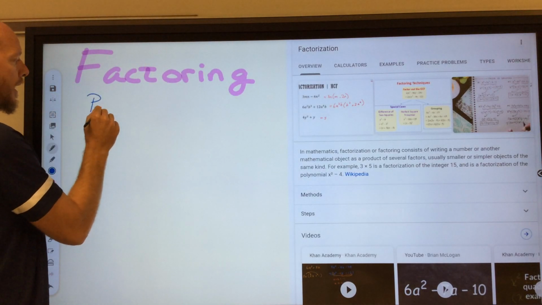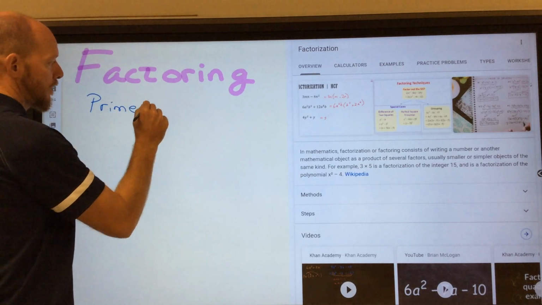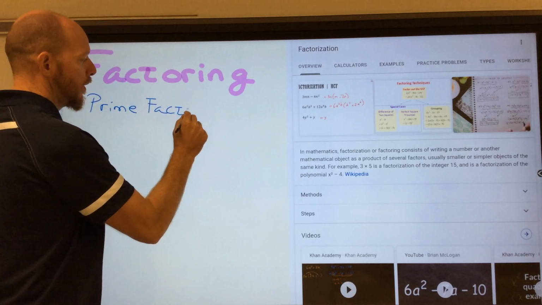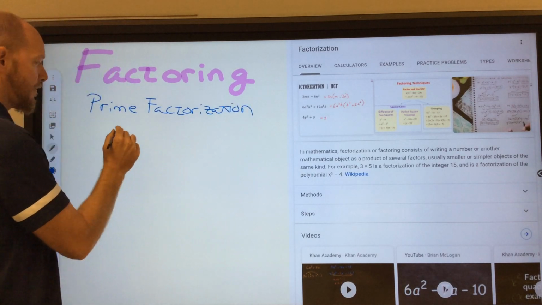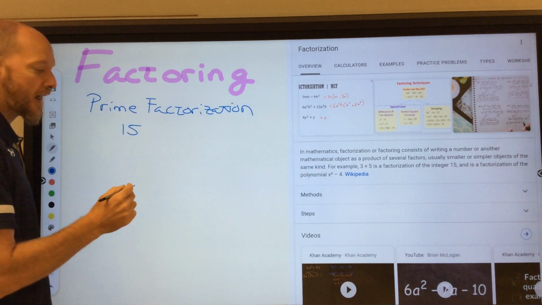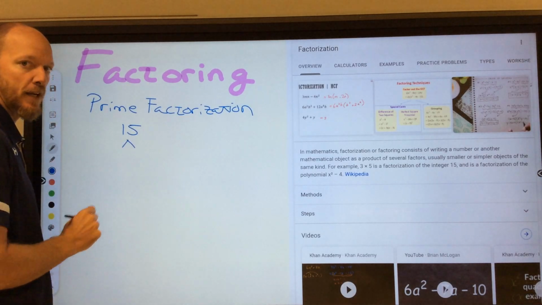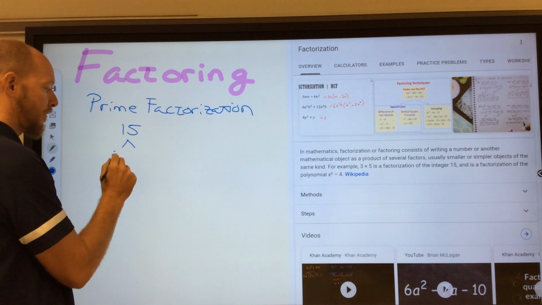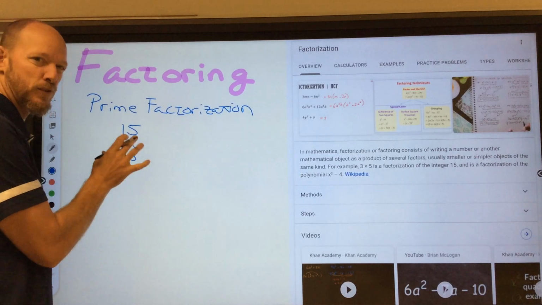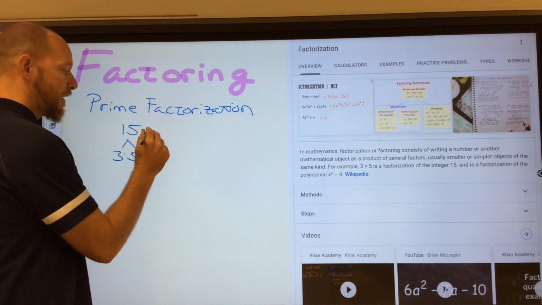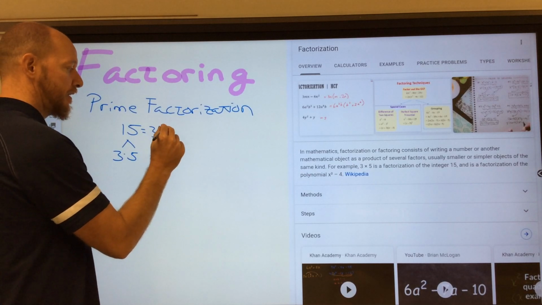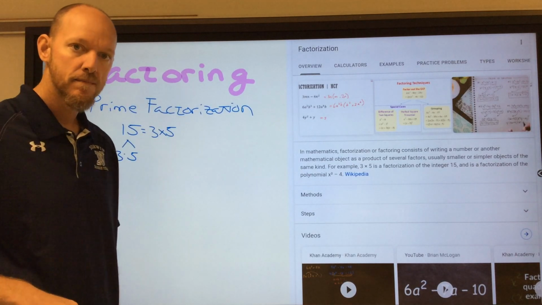If I were to do prime factorization, what that would look like is as follows. I would have 15, and I knew the prime numbers that multiply to give me 15 are 3 and 5. We used to do those prime factorization trees. Hence, 15 is equivalent to 3 times 5.